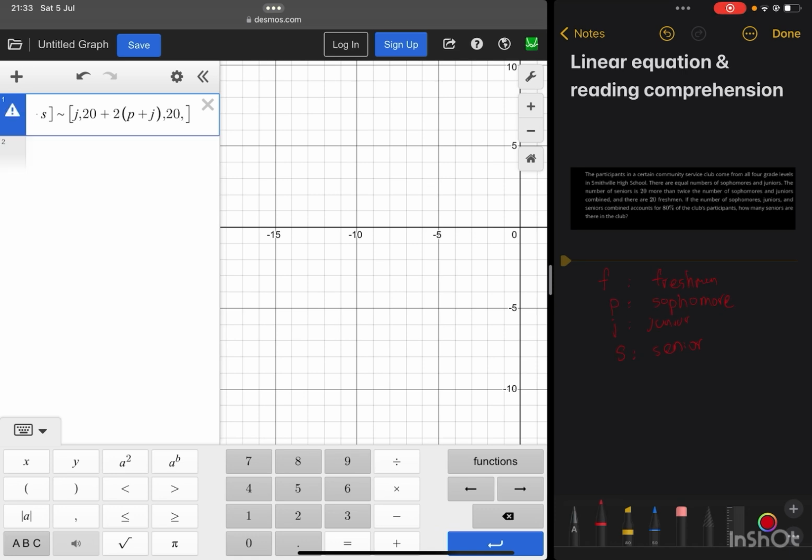Finally, the number of sophomores, juniors, and seniors combined accounts for 80% of the club's participants.